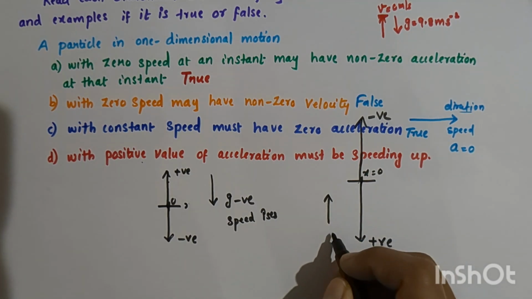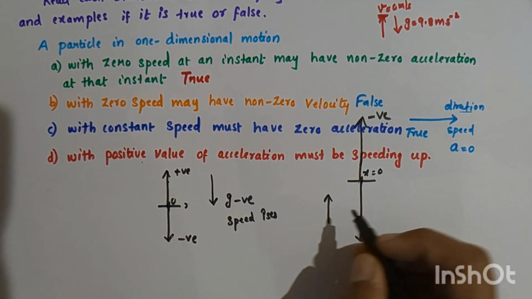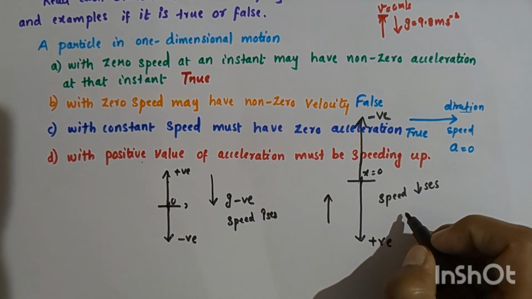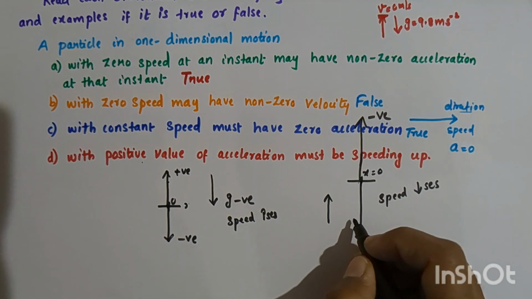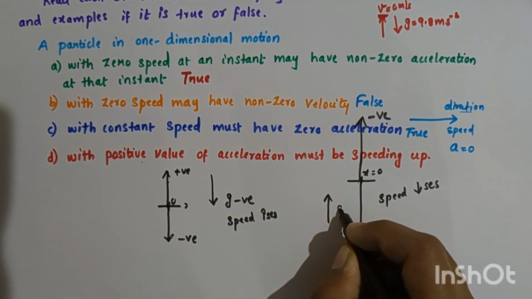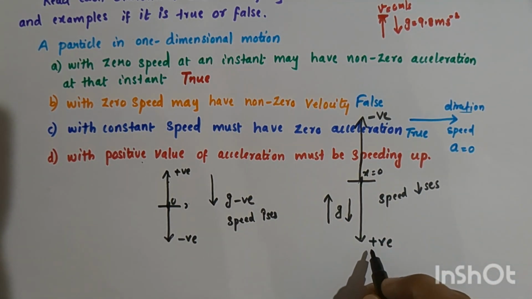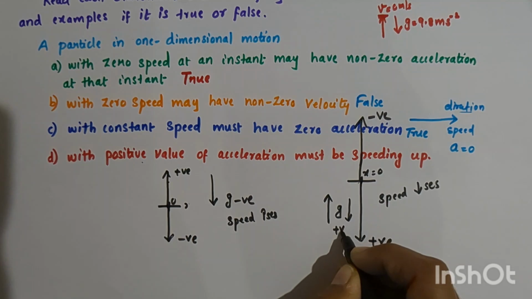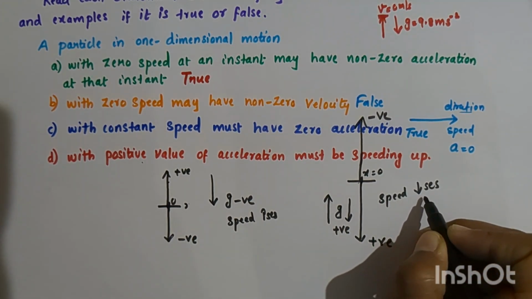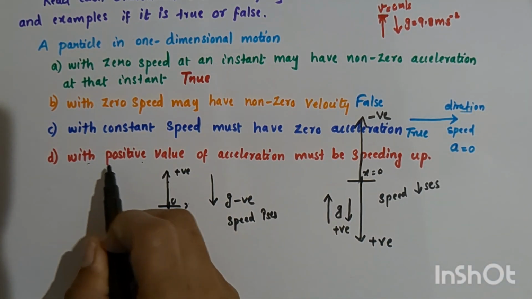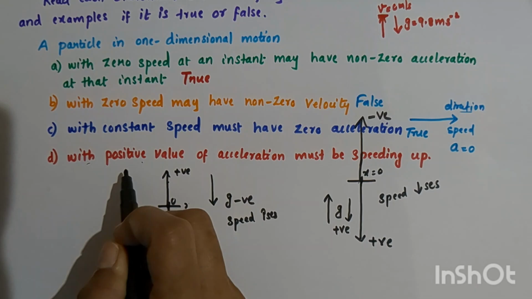At that time its speed actually decreases with respect to time. But what about its acceleration? Its acceleration will be equal to the acceleration due to gravity, which is acting in the downward direction, that is along the positive direction. So here acceleration due to gravity will be positive, but the speed of the object is decreasing. So you see, this statement actually depends upon the coordinate system that we choose to explain the motion of the particle.